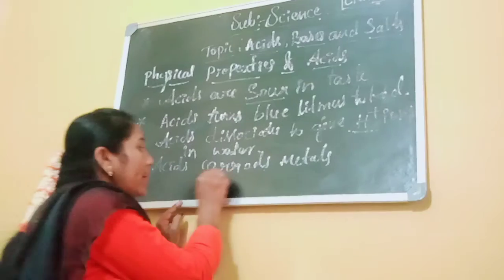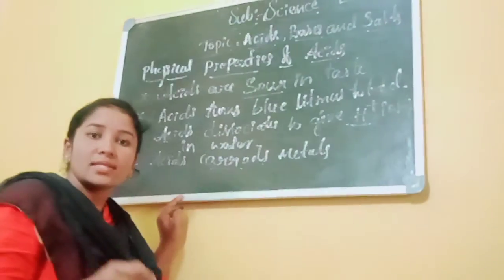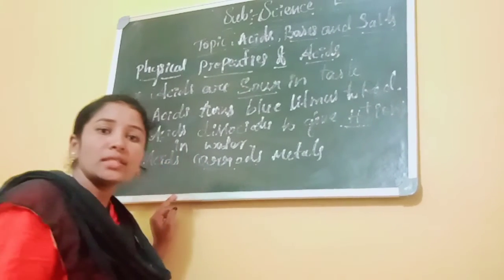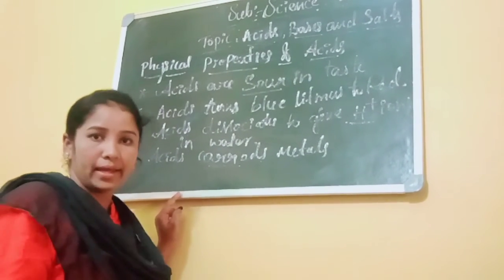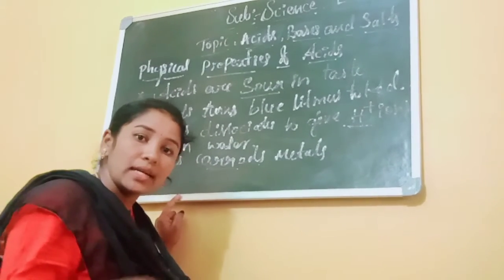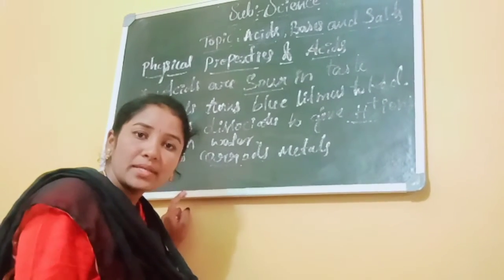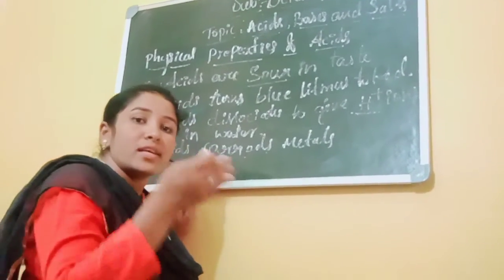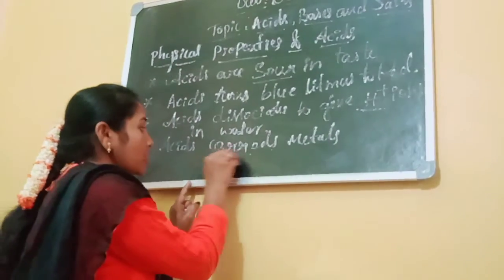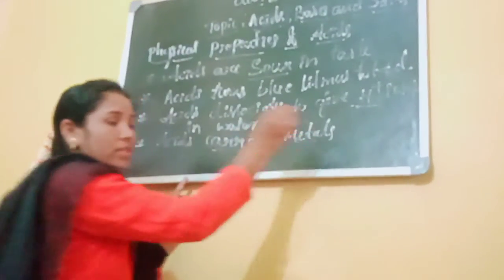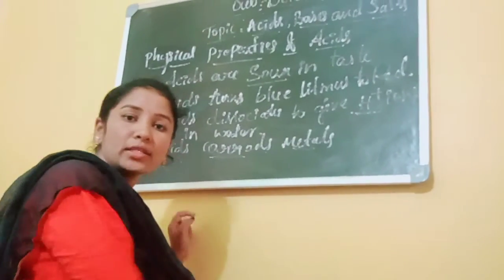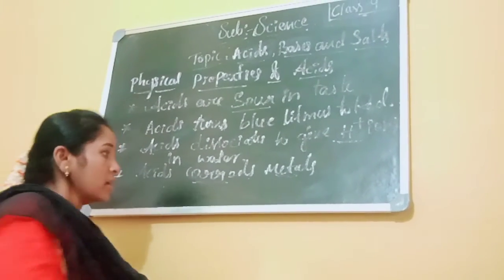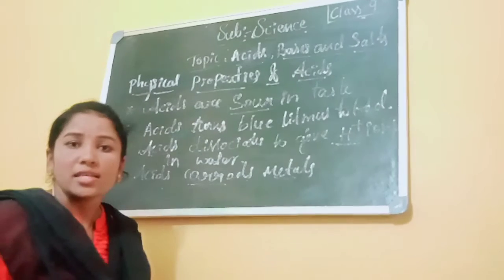Corrosion means the metals are destroyed or spoiled whenever they are kept in the open air or in moisture, when they react with oxygen present in the atmosphere or with water. That process is called corrosion. These acids also corrode metals. Whenever acids are poured on the surface of metals, they spoil or destroy them. These are some physical properties of acids.